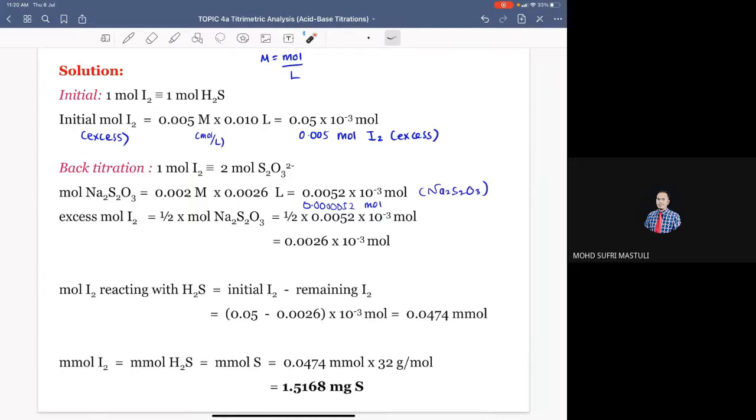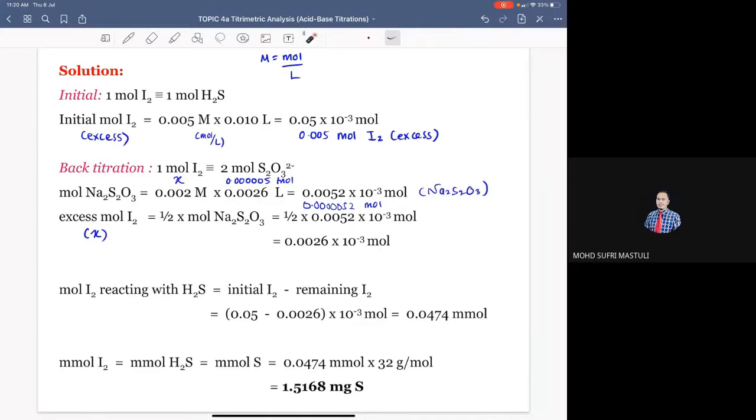If you are confused, you can write it here. You want to determine the mole of I2, and then you already obtained the mole of thiosulfate. So in order to calculate the X, this is the X.